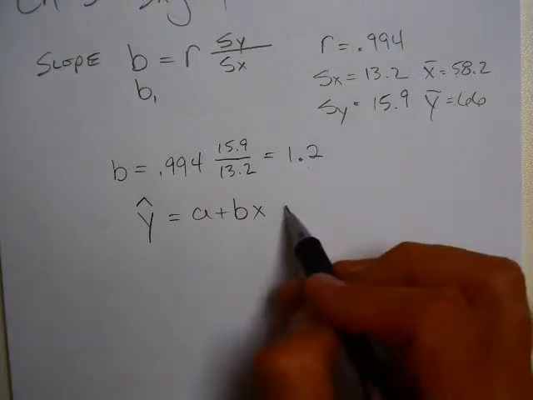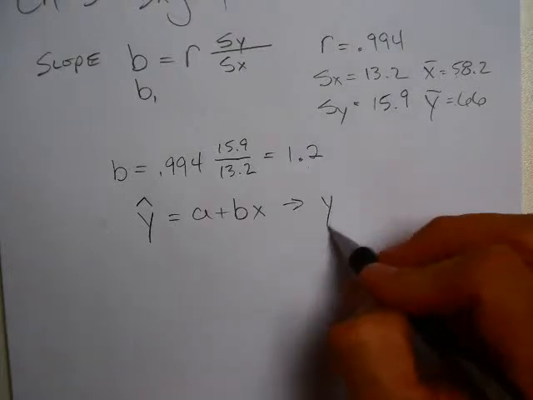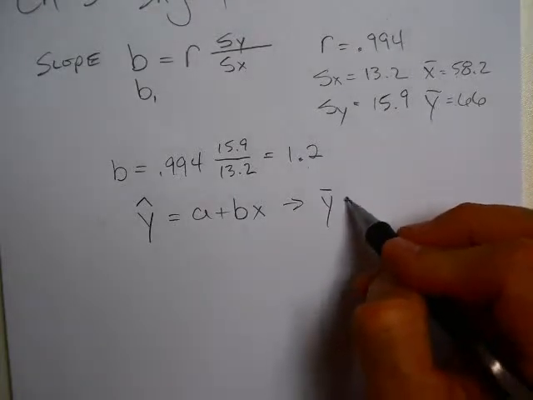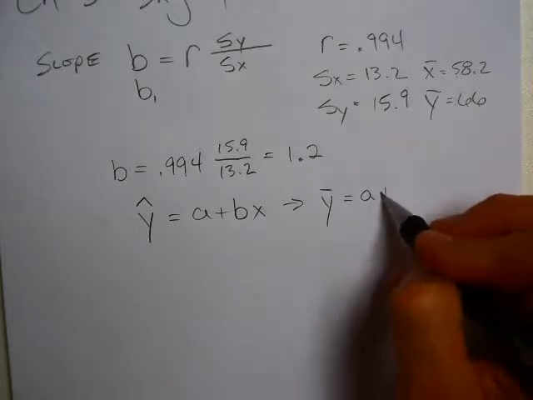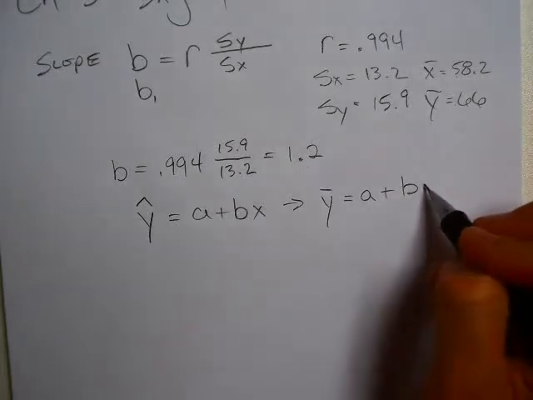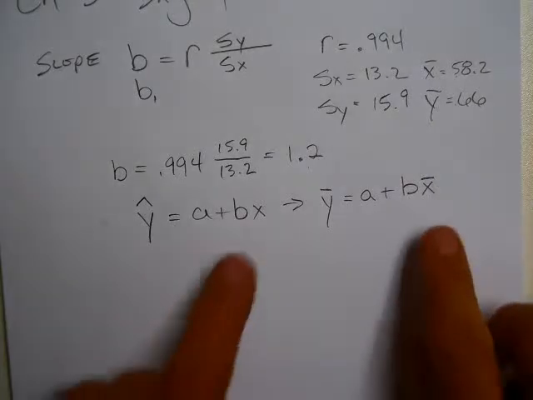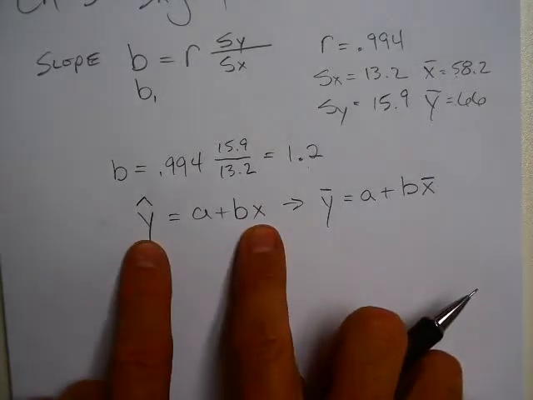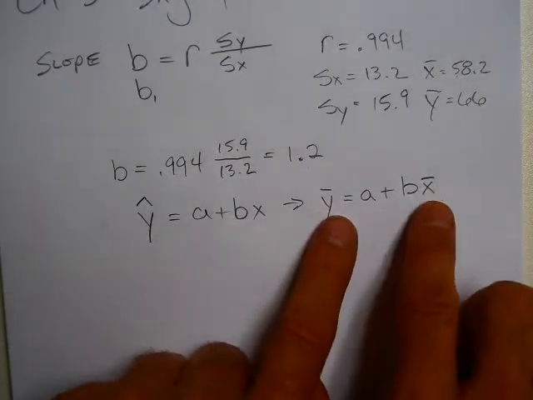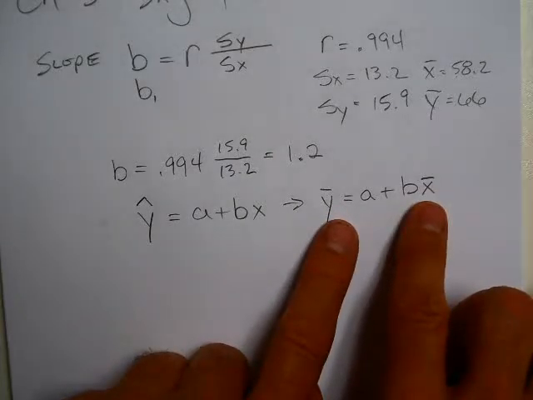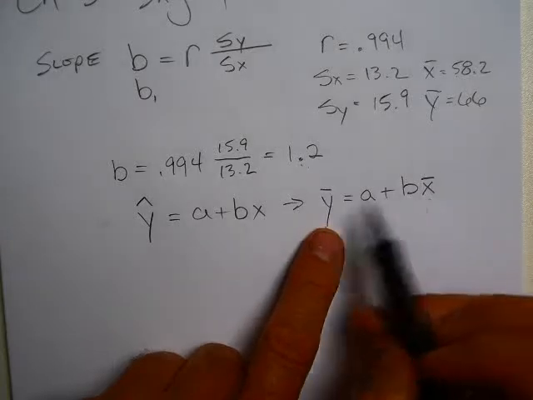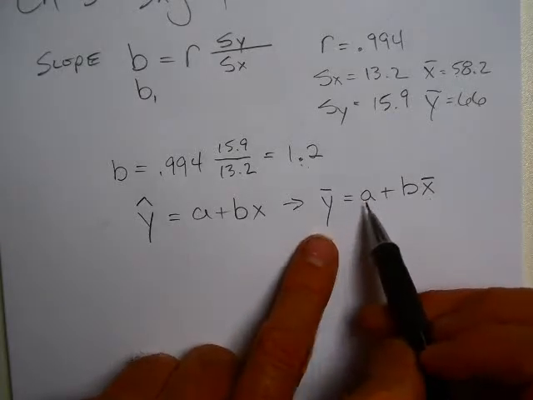So what I can do then is use y bar equals a plus b x bar. So I'm replacing these values with our known averages of that set. If I do that, I have the b, I have an x bar, I have a y bar, and then I'm just solving for an a.